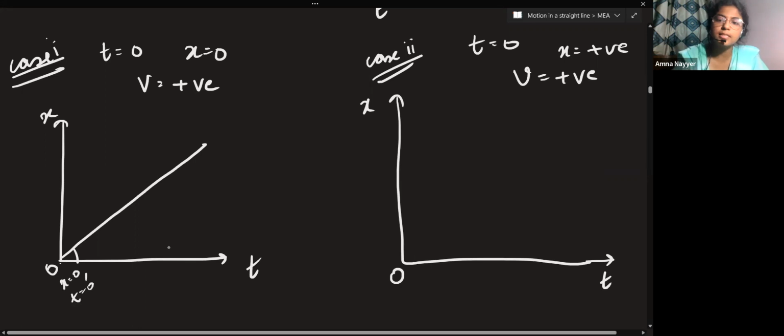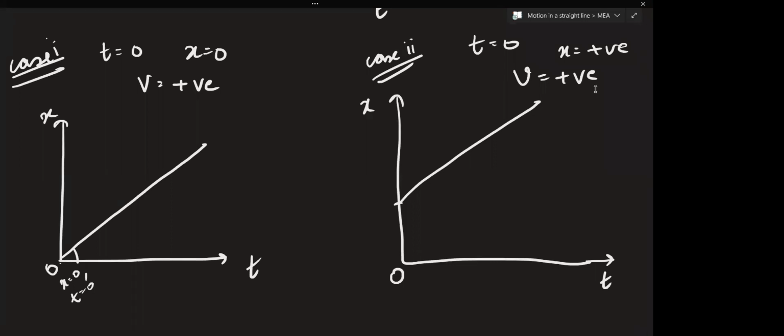Here time is 0, so we'll put it here for time, but displacement is not 0, so we'll start somewhere from here, whatever this positive value is. And since slope is constant, this will be the slope. Clear? Aram, clear? Yes. All right.